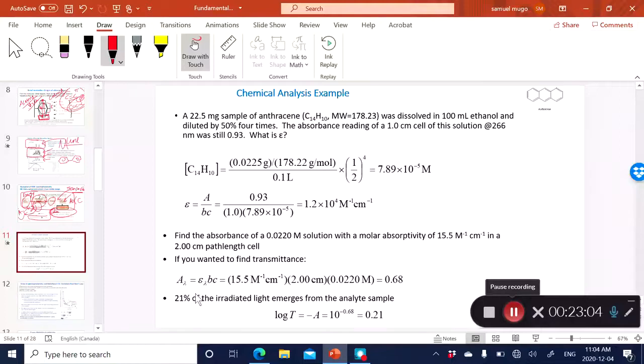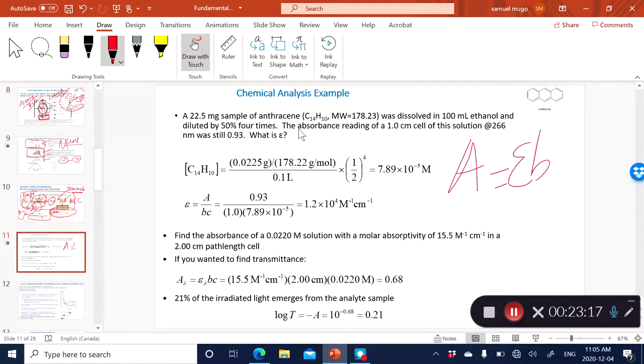So if I give you a problem like this, I think it's very straightforward. Calculate the molar absorptivity, having been given each of these parameters. Essentially, you just invoke Beer's law, and you can calculate your molar absorptivity. And if I ask you to determine the transmittance, you know the relationship.